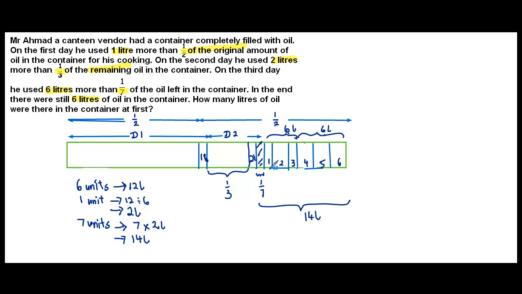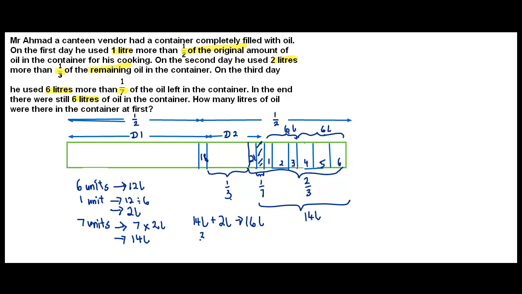Next, we can actually add 2 liters to 14 liters, so we can get the total amount for this portion here. So if this is 1/3, this would be 2/3. And 2/3 would be 14 liters plus 2 liters. That would give us 16 liters.